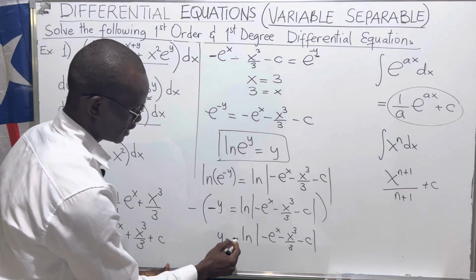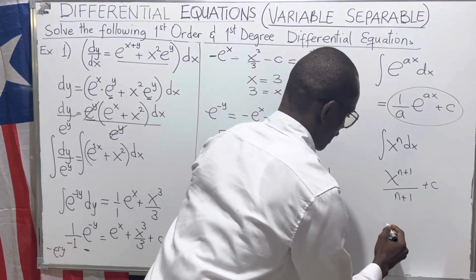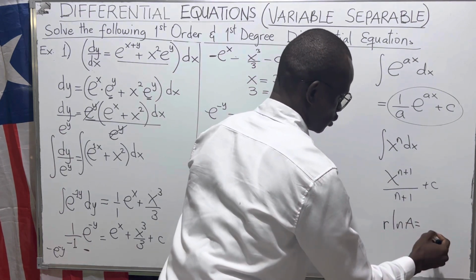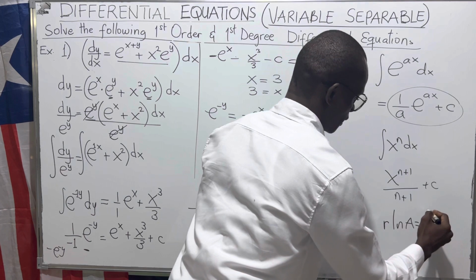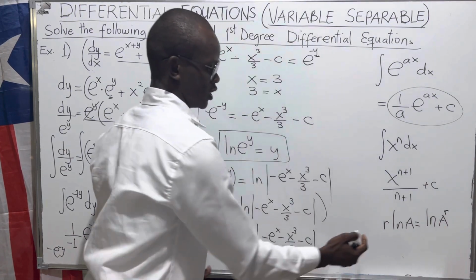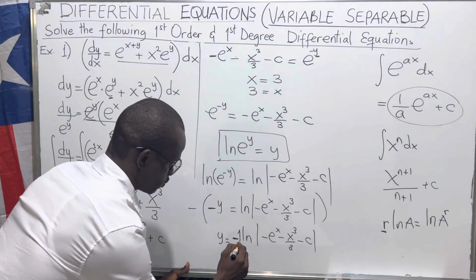So this minus that is here now can affect, because the rule says r ln of a is equal to ln of a raised to the power r. So whatever coefficient is attached to this ln, here is just minus 1.